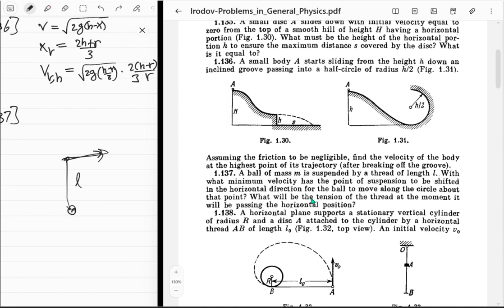Think about it. So that it actually goes full circle. With what velocity? Point of suspension to be shifted in the horizontal direction.